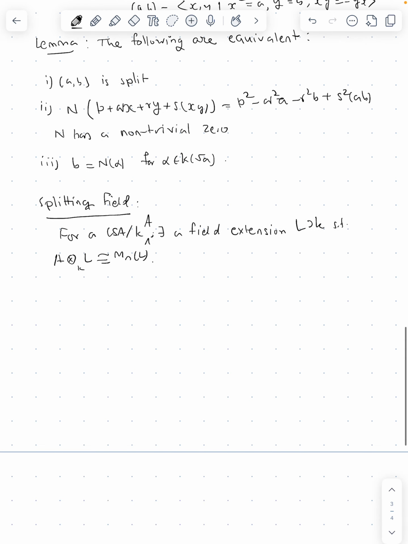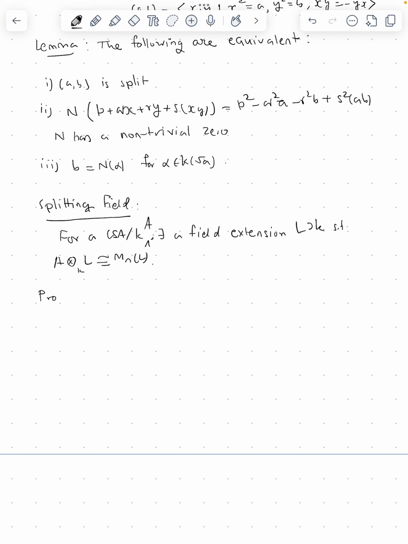What is not obvious is the following: this splitting field one can always choose to be separable over K. So one can choose L as above to be separable over K. That is not obvious, but it is really useful, because once you have such a separable splitting field, you can go to its normal closure.